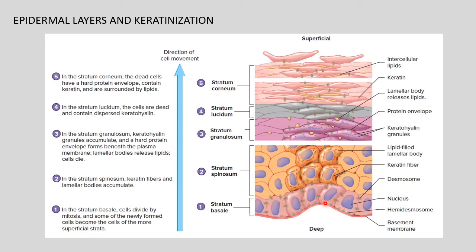The keratinocyte stem cells here in your stratum basale undergo mitotic divisions, dividing approximately every 19 days. The parent cell divides and produces daughter cells.